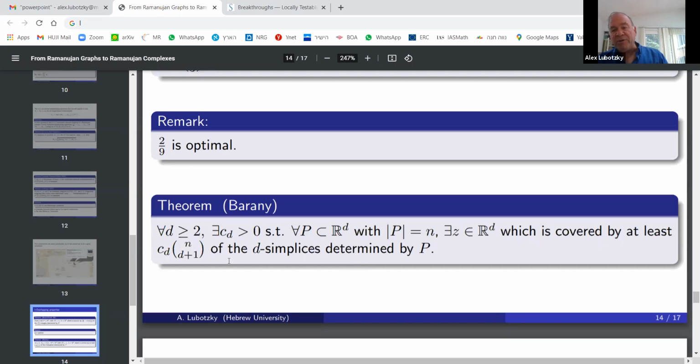Namely, there exists a point which is covered by at least c_d times n choose d+1 of the d-simplices determined by P. Again, a beautiful theorem in convexity theory.